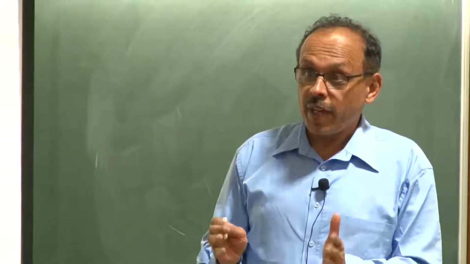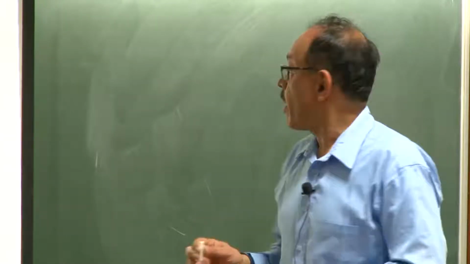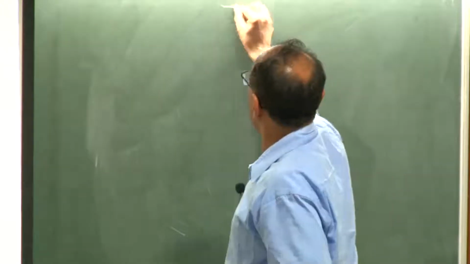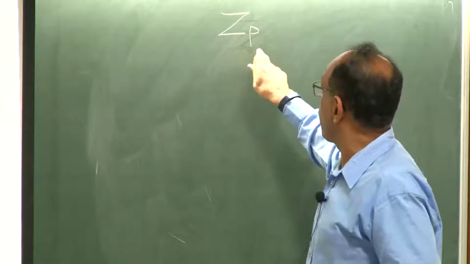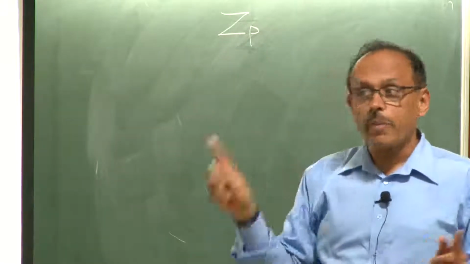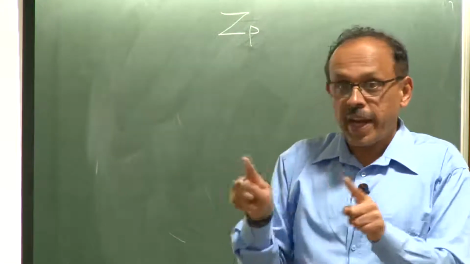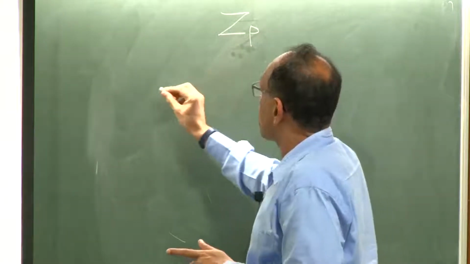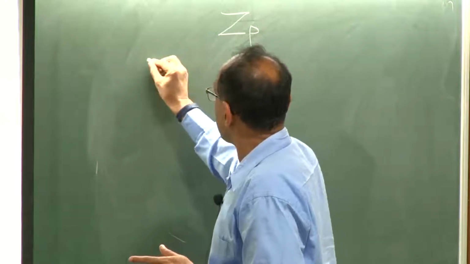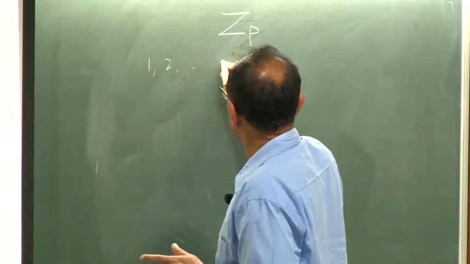But what I showed you was that we defined the elements called Z_p, all numbers modulo a prime. We showed that any two elements in this can be added, and the result stays in the same field. Now what we looked at is all the numbers less than p, that is 1, 2 up to p minus 1.